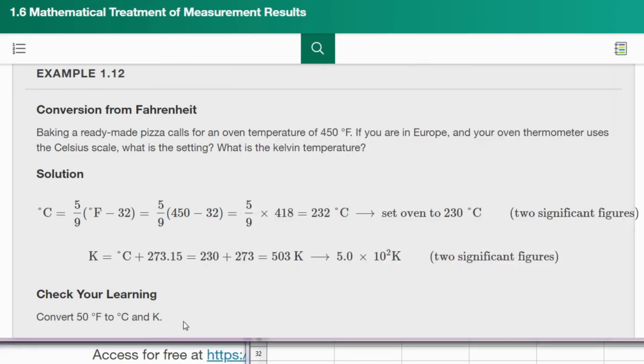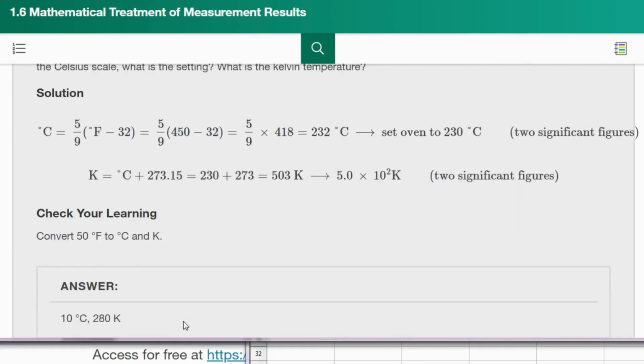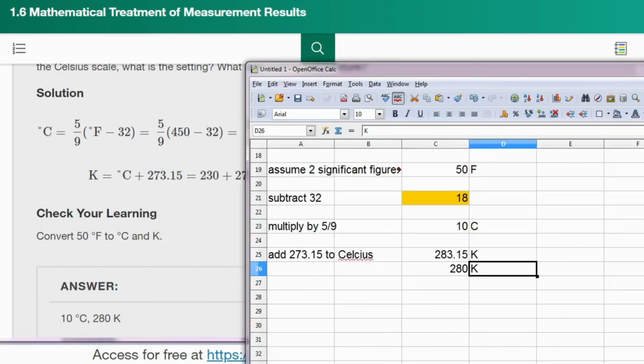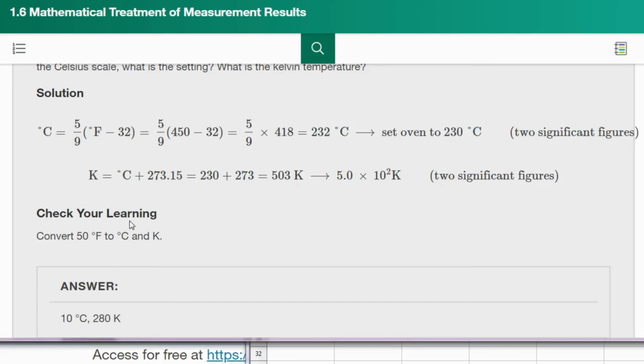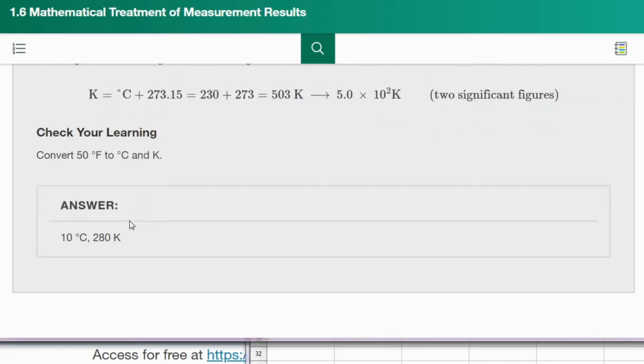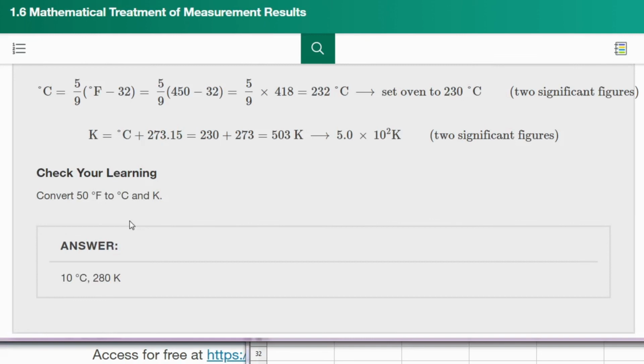So let's check the answer and compare it. The number of Celsius is 10 degrees Celsius, and the number of Kelvin is 280 Kelvin. And that's it for part C of section 1.6, mathematical treatment of measurement results.